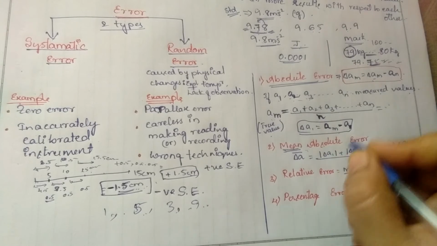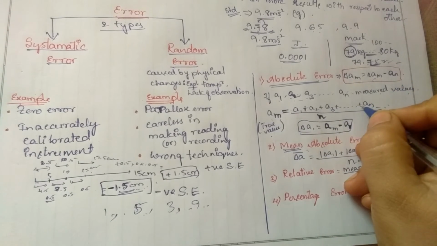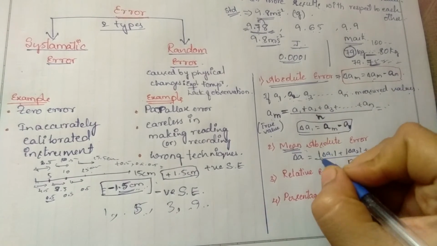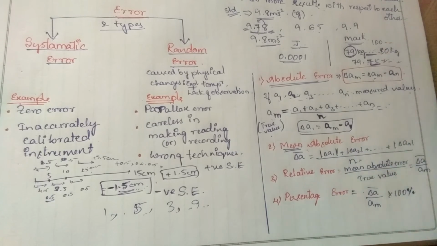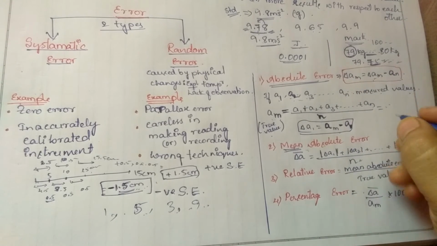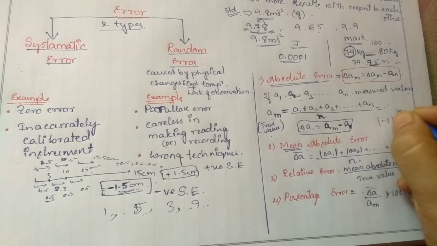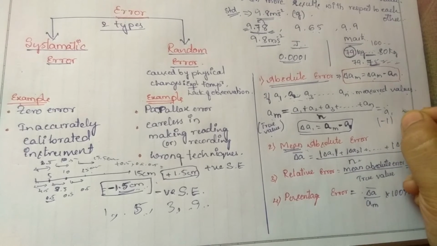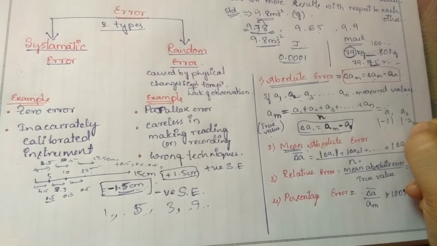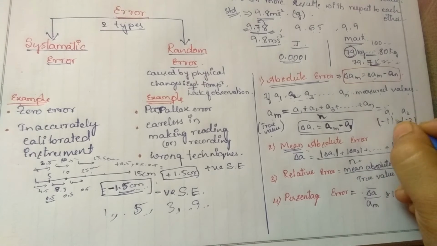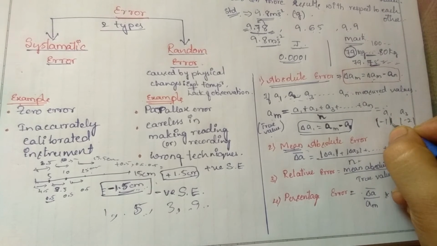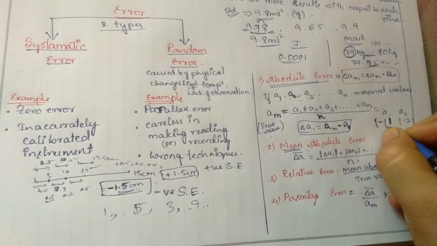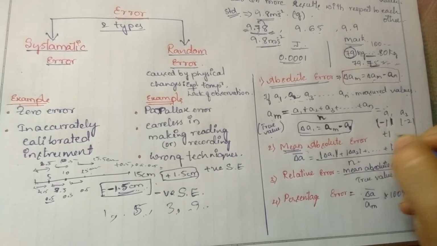Magnitude means whether we get a negative or positive value, it counts as positive. If we get -1 as A1 and -2 as A3, we convert the minus values to plus values, +1.